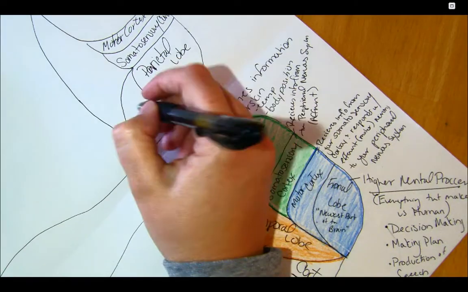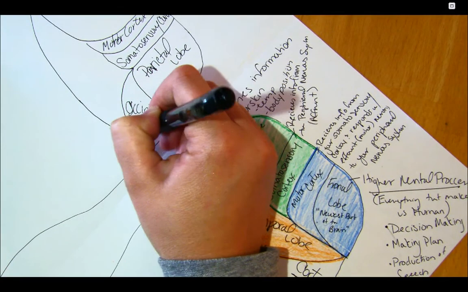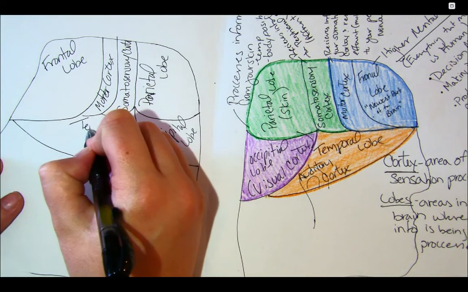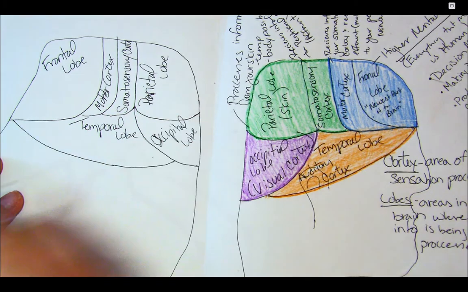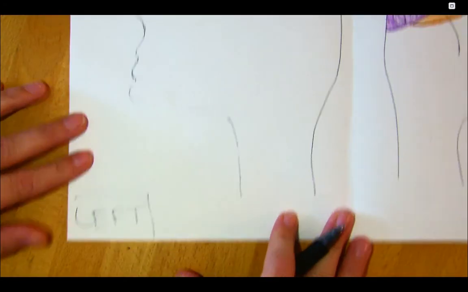Then you have your occipital lobe. And then you have, of course, your temporal lobe. Okay, so keep in mind that yes, we are on the left-hand side.